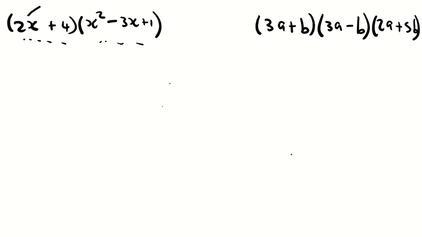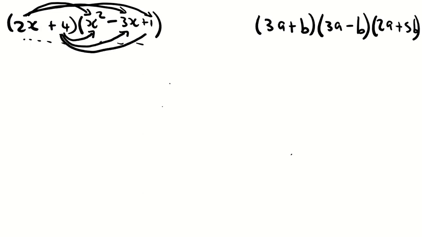You'll first multiply this 2x by x squared, multiply 2x and x squared, and then multiply 2x with 3x, and multiply 2x with that one there. After you're done, you will then multiply this one 4 with x squared and multiply 4 with 3x and multiply 4 again with 1.